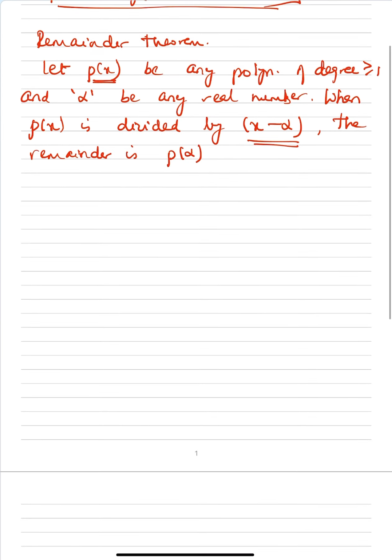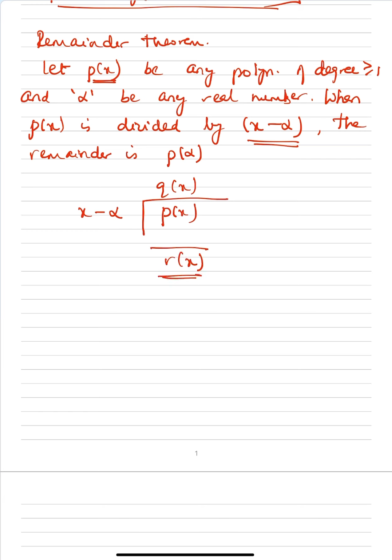The meaning of this statement, in very simple language: p of x, a polynomial, is divided by x minus alpha, then the quotient is q of x and the remainder is r of x, but that remainder is what? P of alpha.